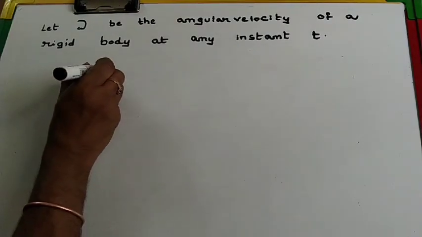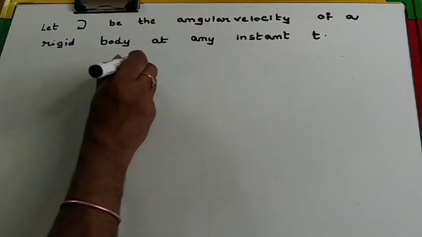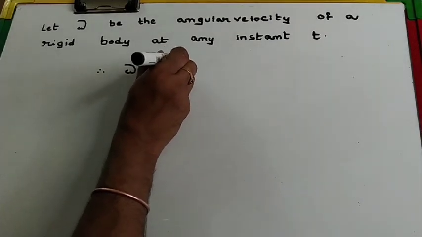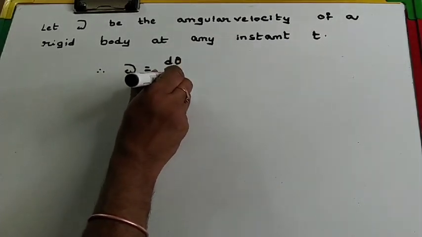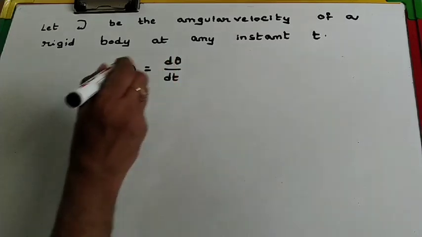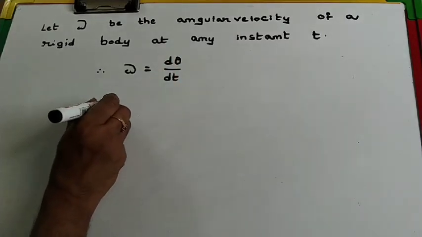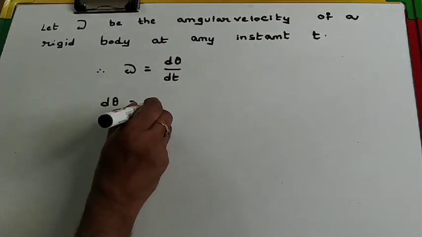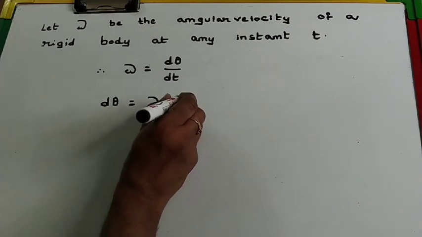Therefore, omega is equal to d theta by dt. From this one, d theta is equal to omega into dt.